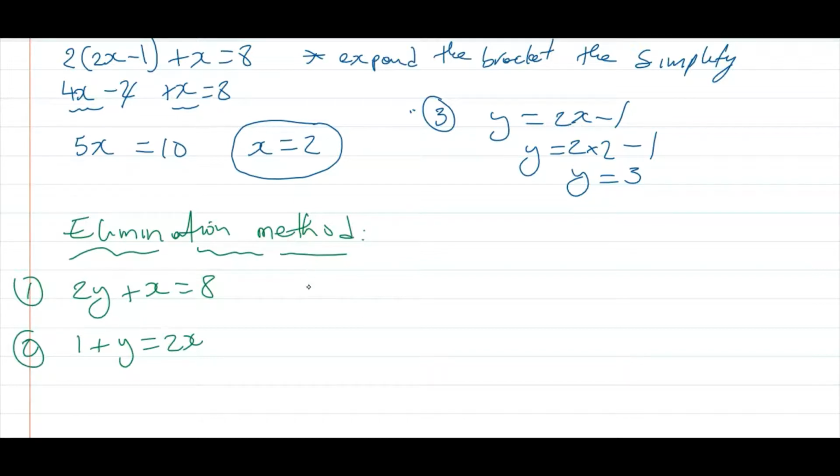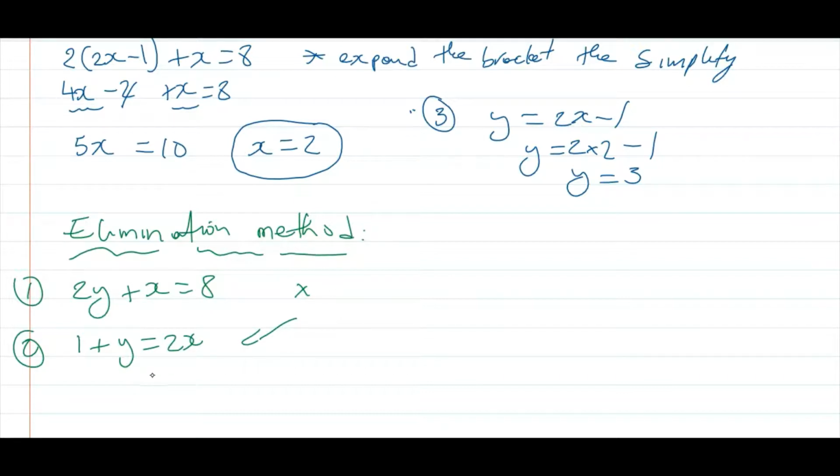So with elimination, the objective here is to manipulate these two equations so that when combined, either x or y is eliminated. When we combine them together, one of these variables, y or x, will disappear. But the first step is, if you look at it, equation 2 is not in the same format as equation 1, so we better have it in the same format.